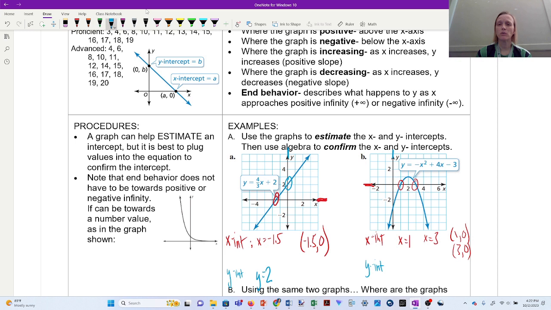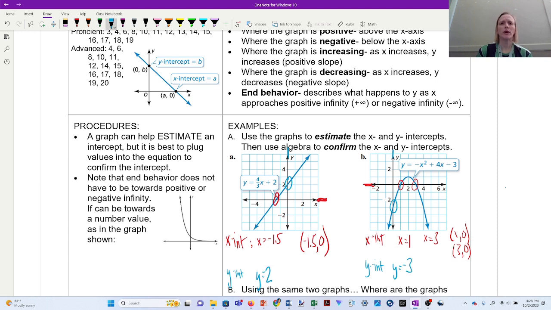And over here we see that the blue curve crosses the y-axis at y equals negative 3. If the graph is of a function, it is not possible to have more than one y-intercept. If you have more than one y-intercept, then your graph is going to fail the vertical line test, and the graph will not be a function.